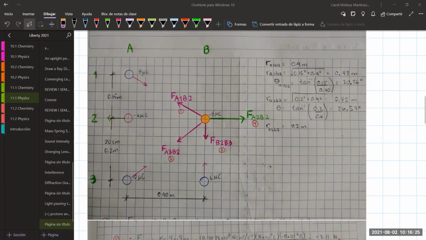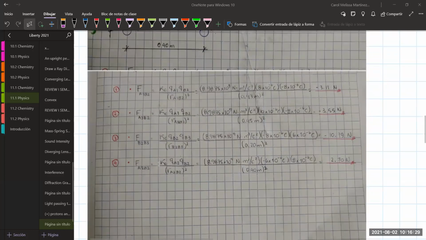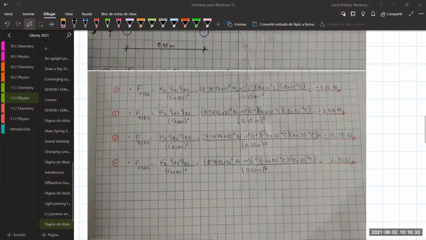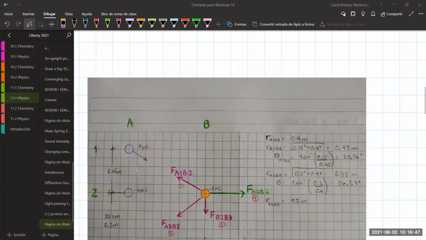Once that we have done all this, we continue with the part of calculating the electric forces. Now take a look the way I named them. For example, the force A1, B2, sería la fuerza entre A1, A1 es esta, y B2 que sería esta.